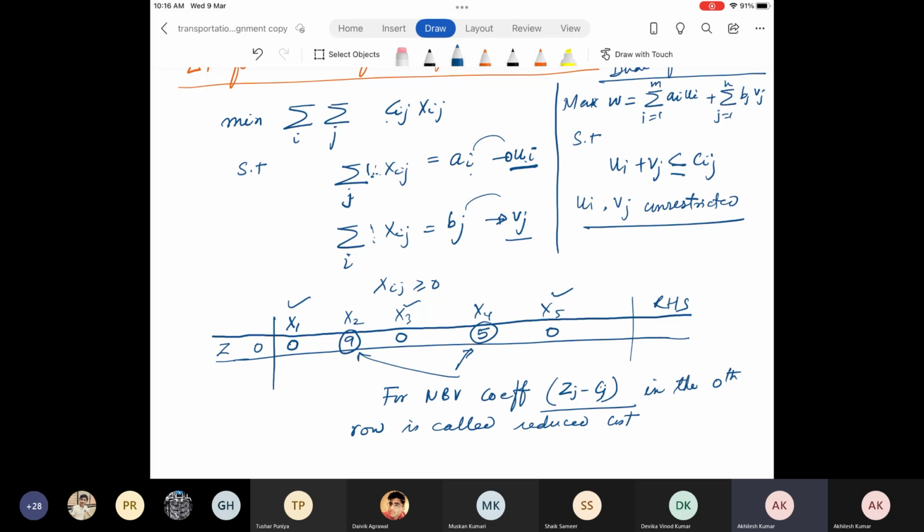What it means is, if I want x2 to enter the basis, how much do I need to reduce this coefficient? It should become negative, right?